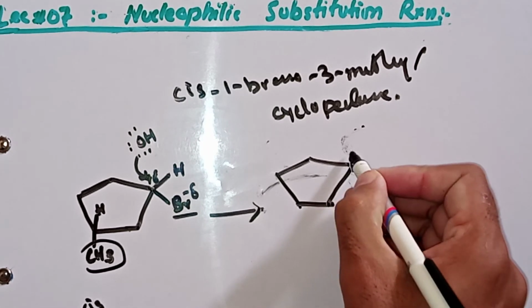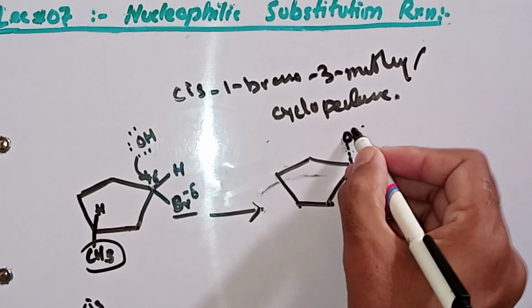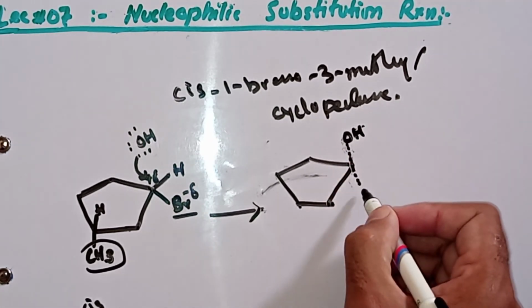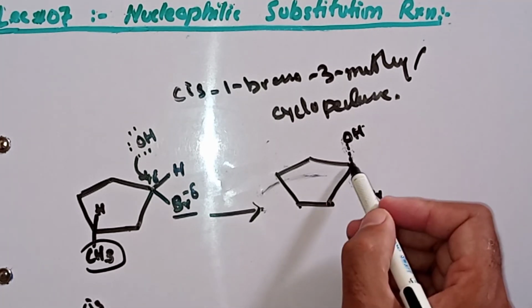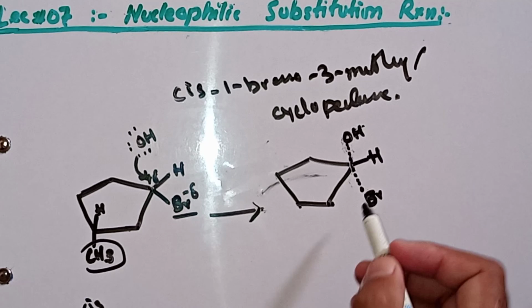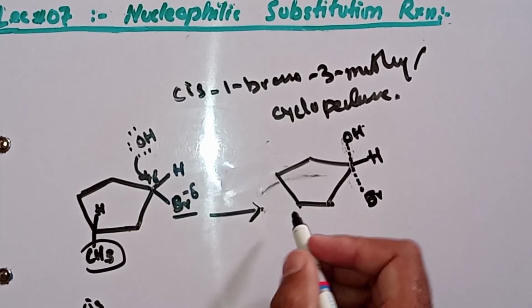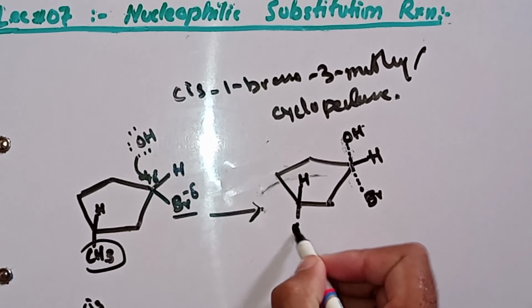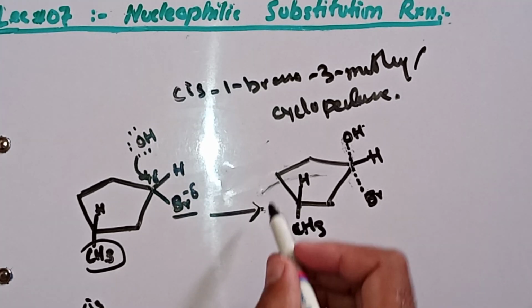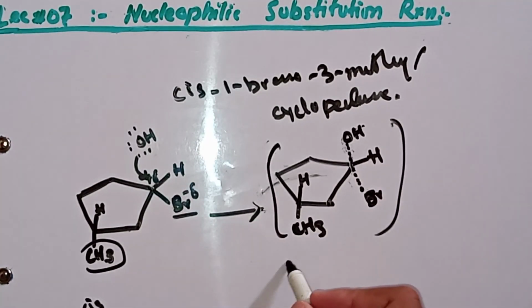That is shown by dotted lines, because the bond is partially formed, and the bond between the electrophilic carbon and bromine is partially broken. But here is H and here is CH3. So this is the transition state established.